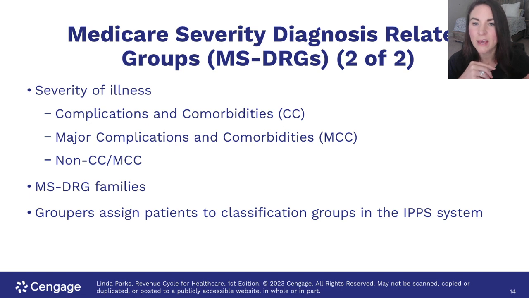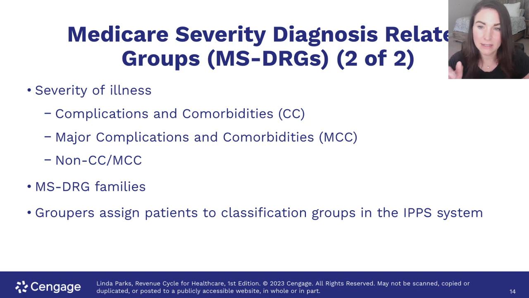Okay, then we have major CCs or MCCs. These are secondary conditions that have a major impact on resource use. And then non-CCs. These are secondary conditions that have just a minor severity of illness and don't really impact resource use.